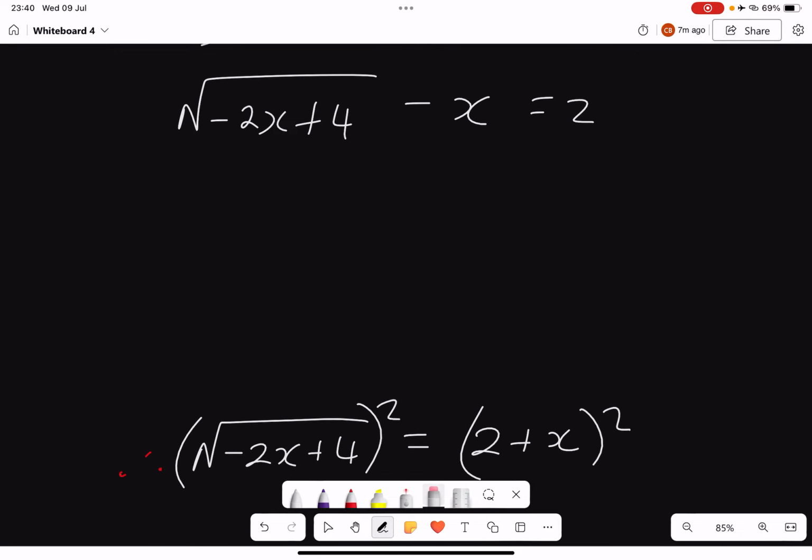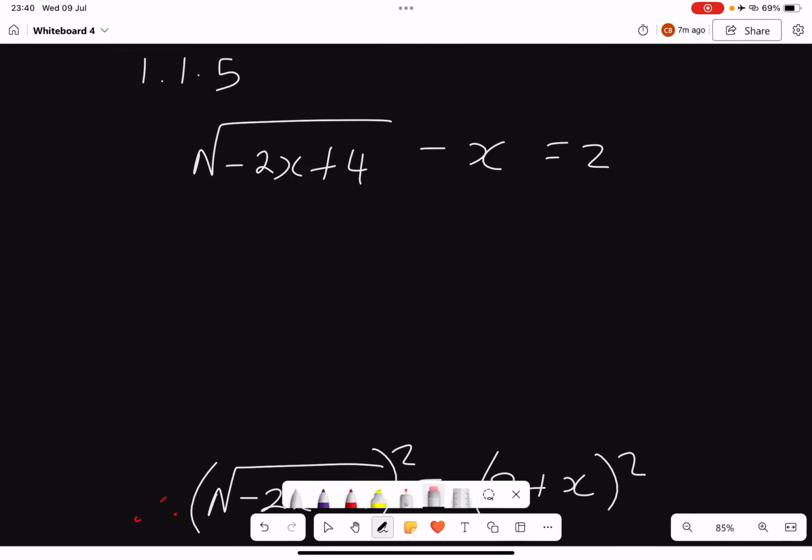If I put in 0 here and test, I replace this x with 0 and that one with 0. I indeed get the square root of 4, which is 2, and 2. So x equals 0 works. But let's see if x is minus 6.